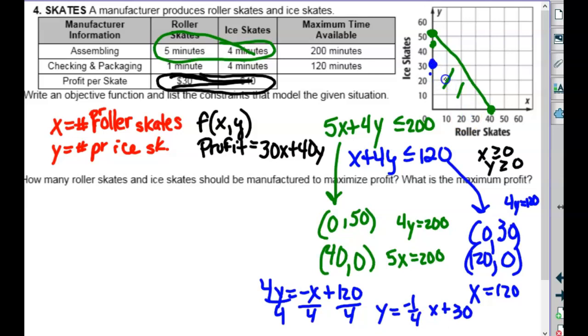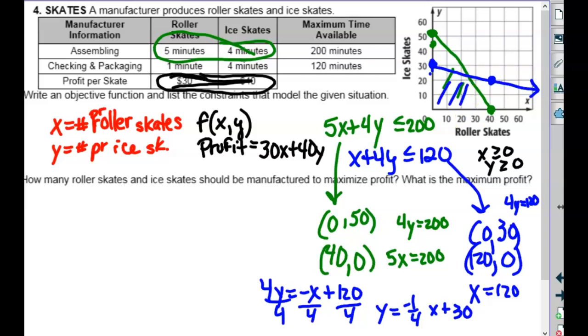Now, these aren't counting by ones, but does it matter when you go to graph it? If you go down 1 and over 4, if you go down 10, wouldn't you go over 40? So there's another point right there that it's going through. I don't really know what it looks like, but it's below that line.